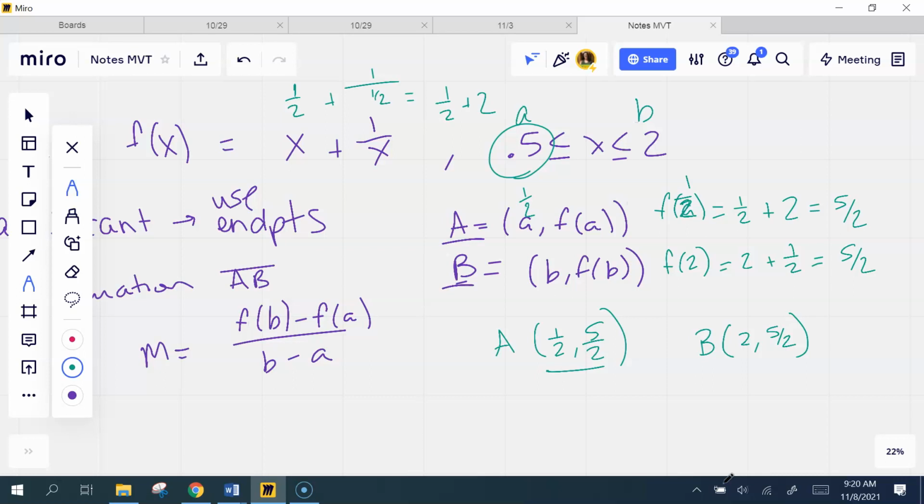Rolle's theorem says that if the two y values are the same, your slope is 0. So you must have a tan line with a slope of 0, which means what? What happens at a tan line with a slope of 0? It's a max or min. That's Rolle's theorem. It's just an extension of MVT.